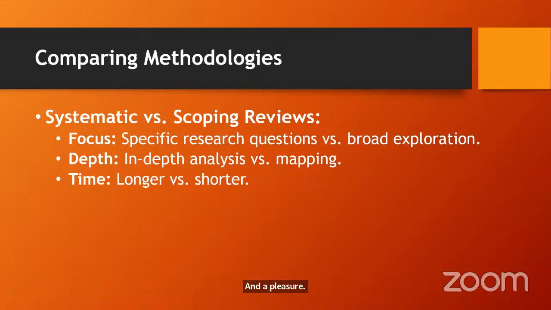And if you want to do a scoping review, then generally it is completed in a shorter time frame. So I hope I am able to answer your question. Most of the participants were asking what is the difference between the systematic review and the scoping review.